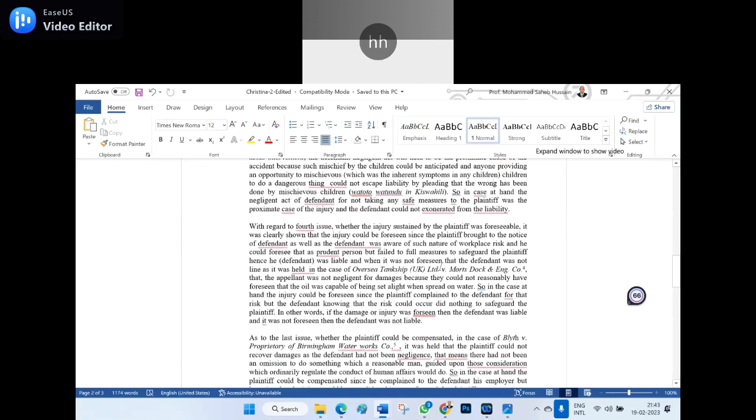The Watoto, Watundu, in Kiswahili, that is to say, Watoto, Watundu. So in case the negligent act of the defendant, for not taking the safe measure to the plaintiff, was the proximate cause of the injury, the defendant could not be exonerated, means free from the liability. Exonerated is the legal terminology.